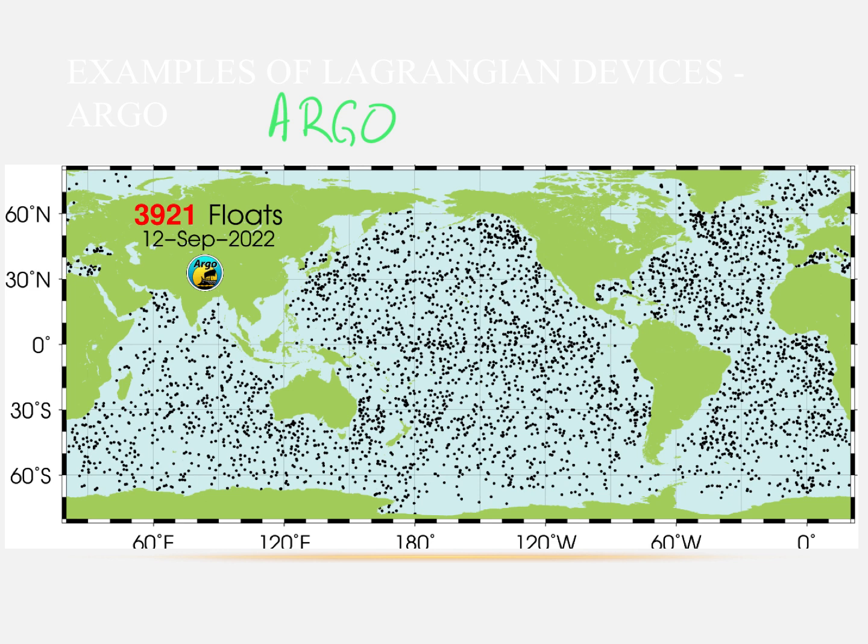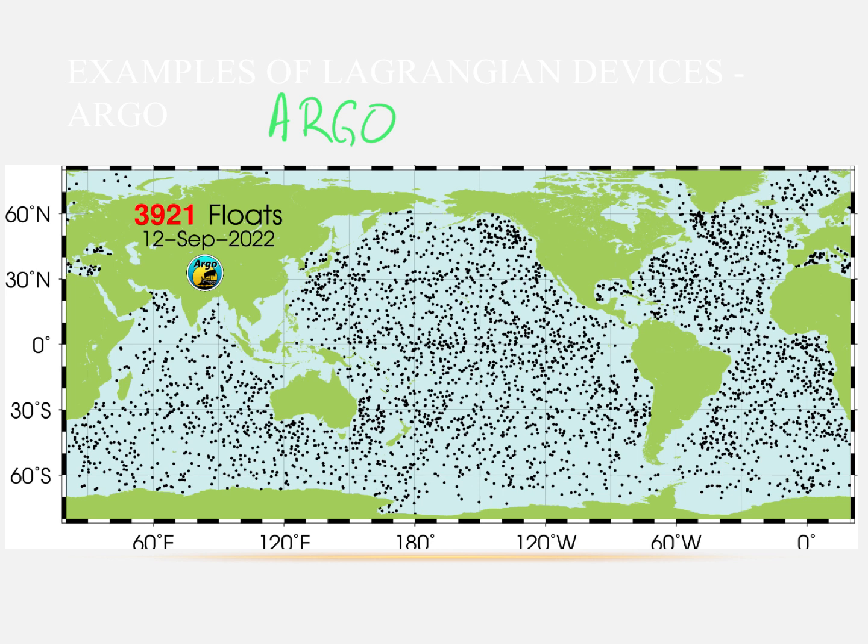But they travel down to a depth of 2,000 meters, and they'll stay there for about 10 days. And then over a 6-hour period, they'll rise back up to the surface, taking a profile along the way. Then it'll transmit its data back to the main repository.